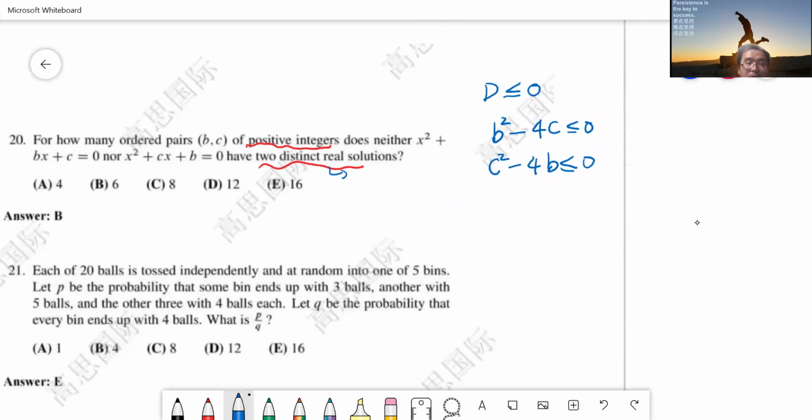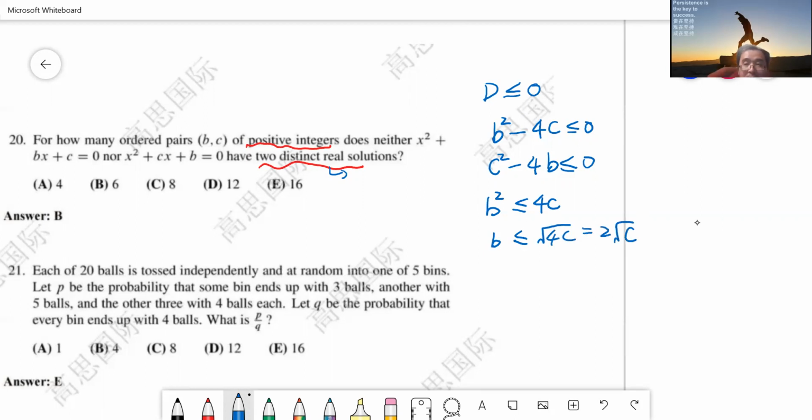Right. So from here we need to find some conclusion, right? One way we can do it is to solve for b. b squared smaller than or equal to 4c, then b is smaller than or equal to the square root of 4c, which is 2 square root of c, right?